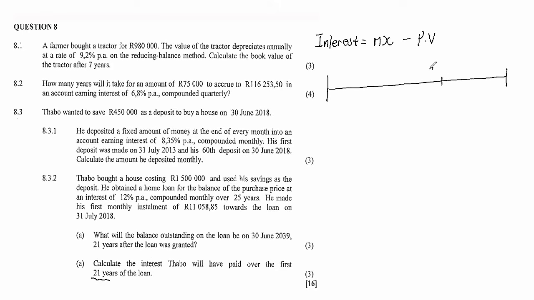If this is T252, which represents the 21 years, and then this is T300, which represents the 25th year, then the outstanding balance that we had calculated was between the 21st year and the 25th year.